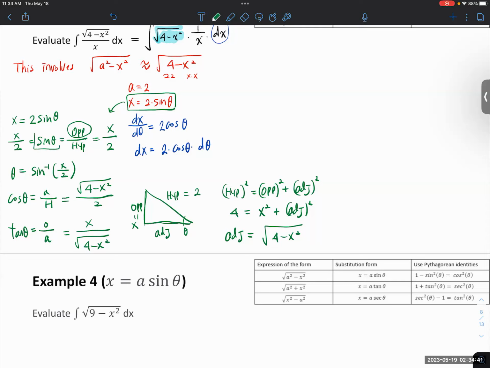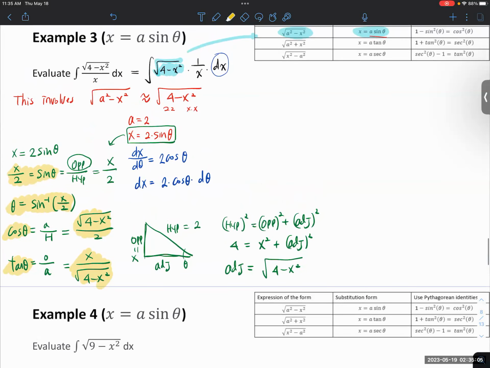We know sine theta is x over 2. I'm going to highlight it. Theta is sine inverse x over 2. Cosine theta is this. Tangent theta is that. So now you can convert everything to the x variable. So you're going to use this one at the end.